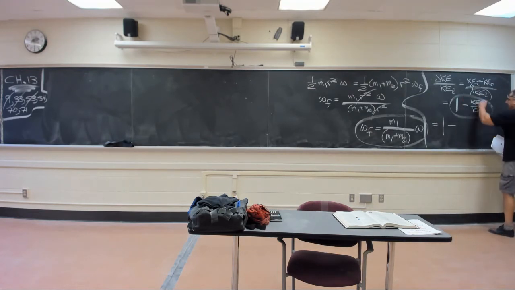Look, what's KEF? The final kinetic energy of the system is 1/2 times the quantity I sub 1 plus I sub 2 omega sub F squared.